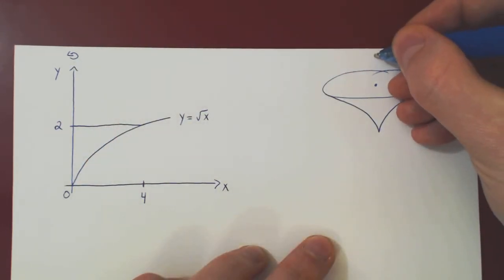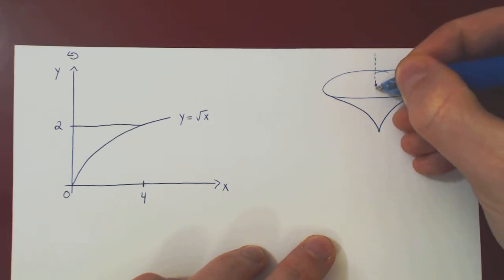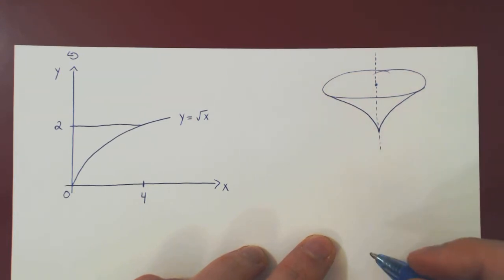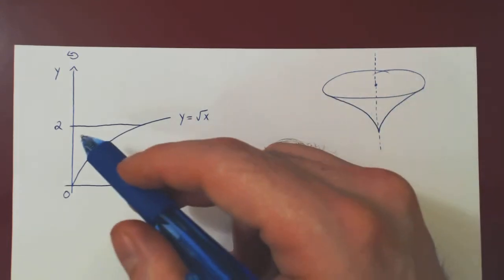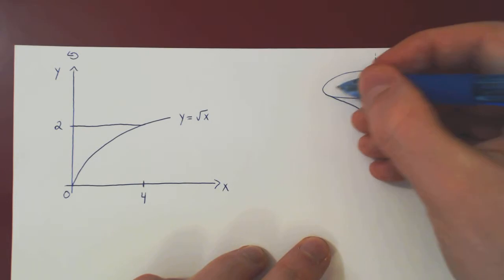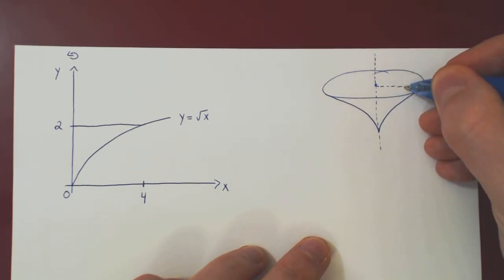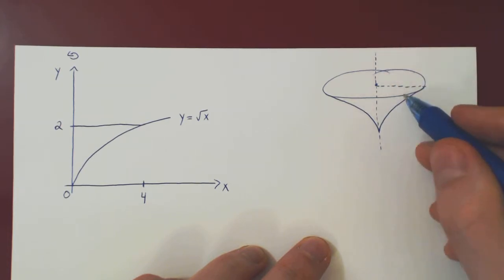So you can imagine the axis of revolution passing through the center of your solid, and you can see within your solid the given region, right? So you see it right here.